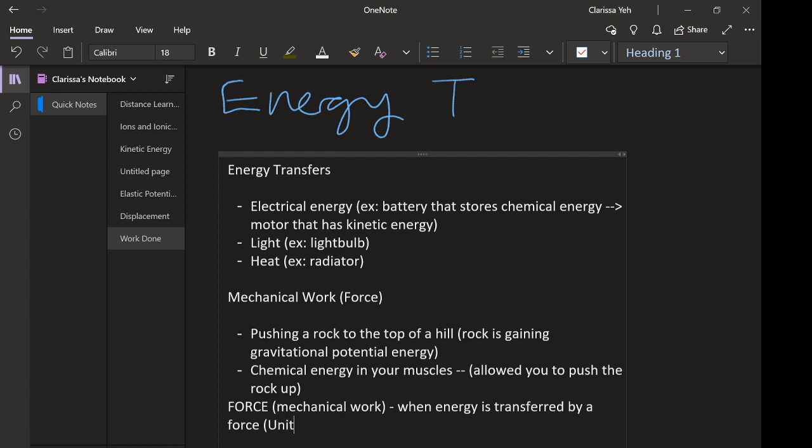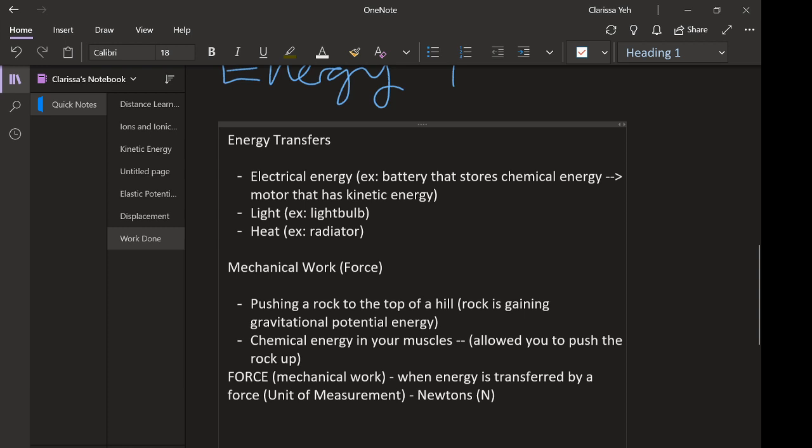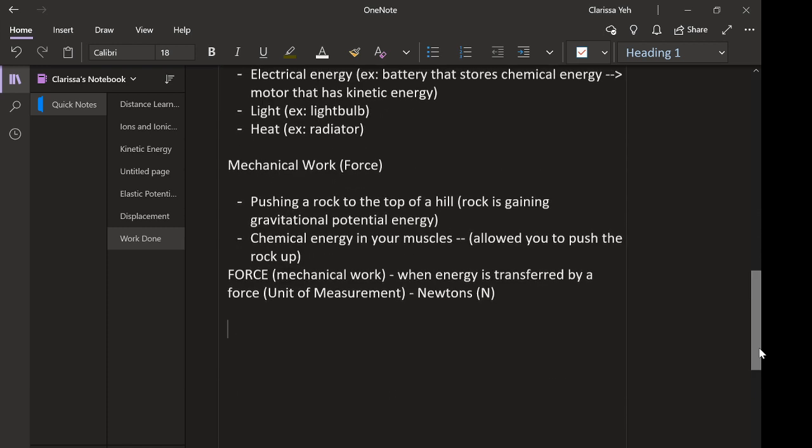The unit of measurement for force is newtons, or N. So there's this formula that unites the force needed for an energy transfer with how much energy gets transferred. And that formula we're going to learn about in a second. And this formula is actually quite important if you want to go into anything like engineering.